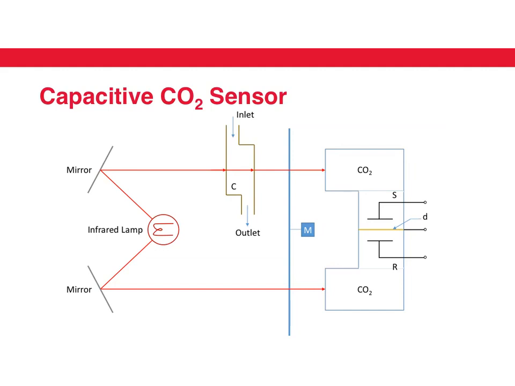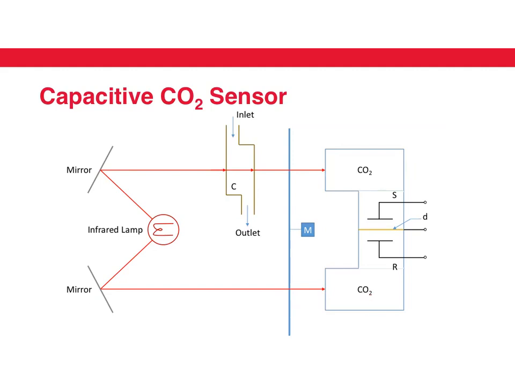Now what we do is we let light fall on one of these chambers unimpeded, and in the other chamber we put a tube of the carbon dioxide that we want to measure. We want to measure the amount of carbon dioxide in this tube. Here, whatever infrared light is sent reaches this chamber.